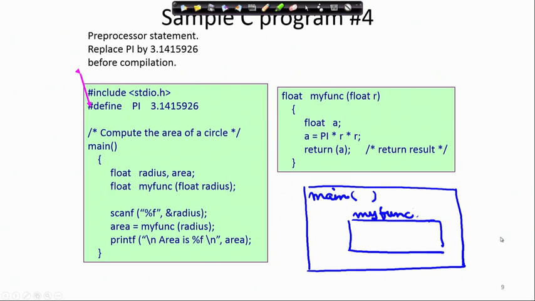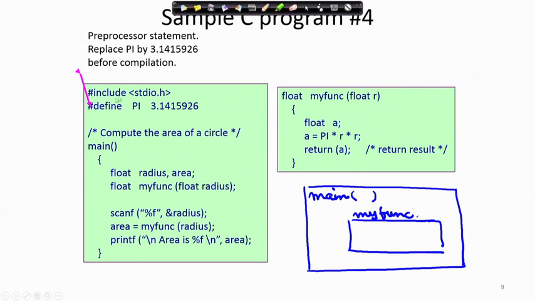Now, first here there is another new thing we are introducing, and that you should understand, that is define pi to be 3.1415926.